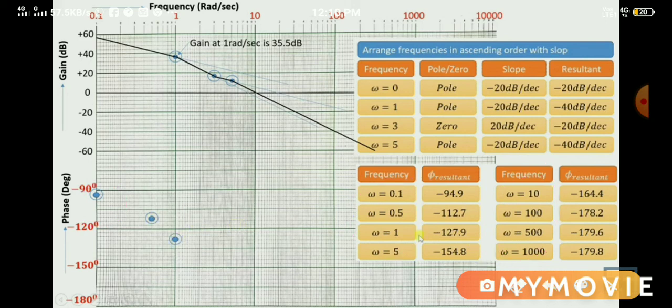Then omega equals 1, minus 127, yes, 127. Like that, put all the values. Omega equals 5, minus 154.